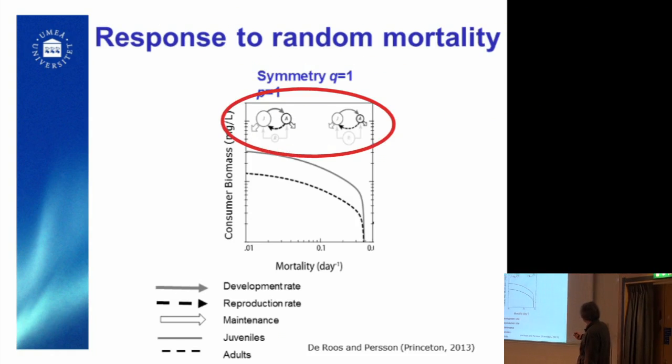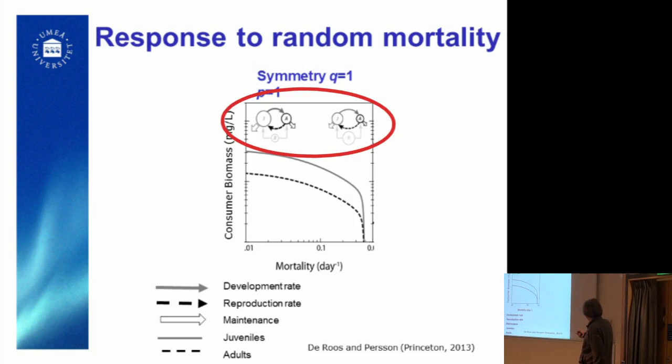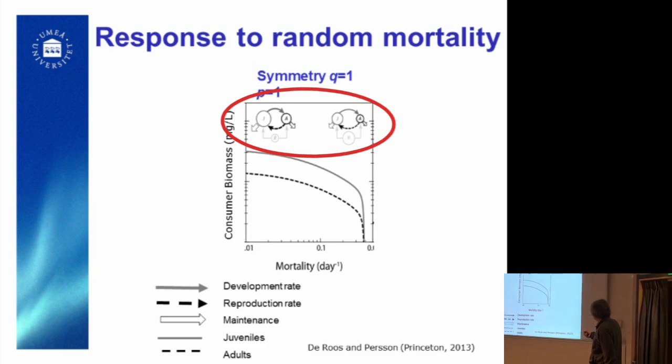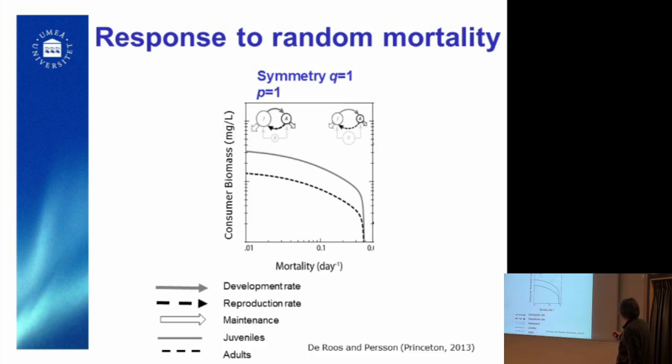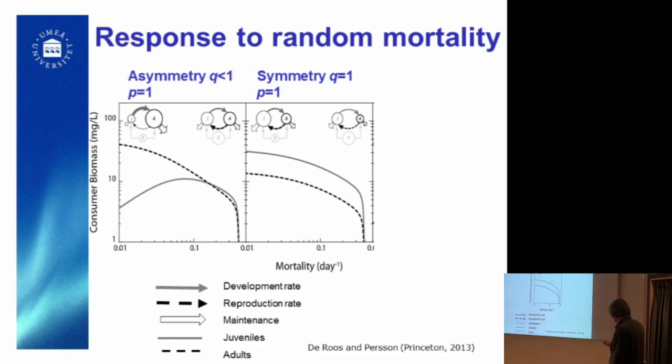Up here, there are 2 panels showing the stage distribution of juveniles and adults at low mortality and at high mortality, and also their maturation and reproduction rates relative to the resource level. We can see that imposing mortality leads to higher resource levels, but at the same time the relative ratio of juveniles to adults doesn't change. So this is kind of a standard case.